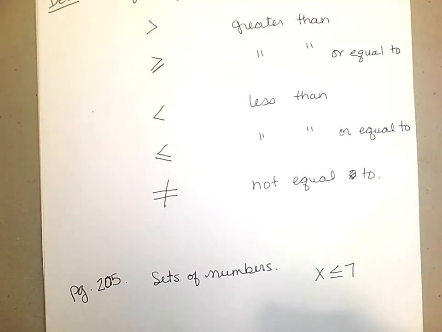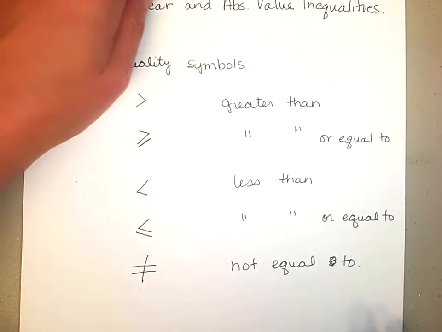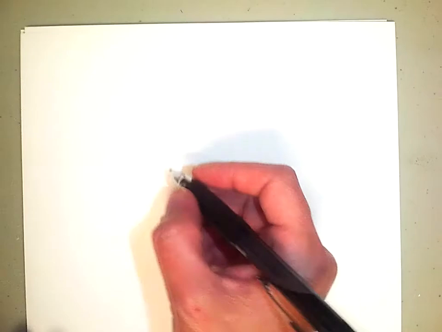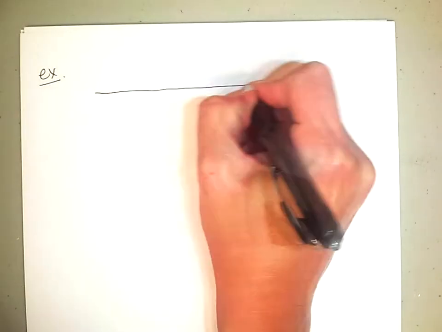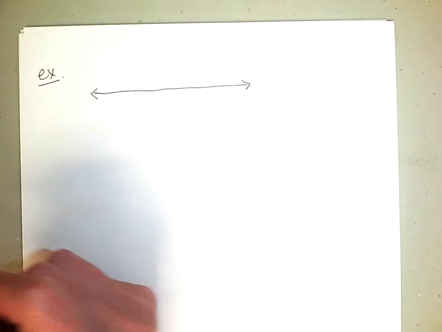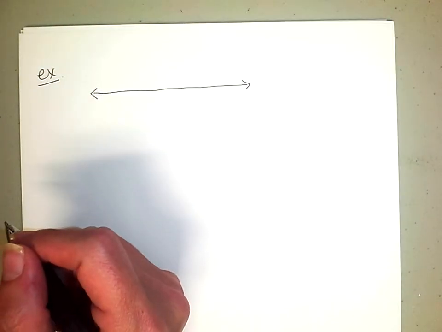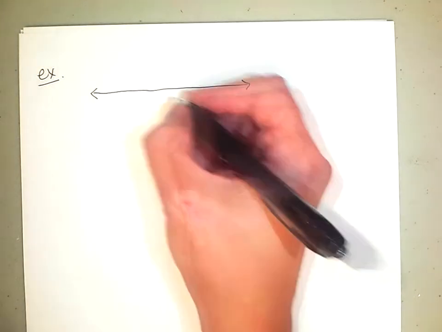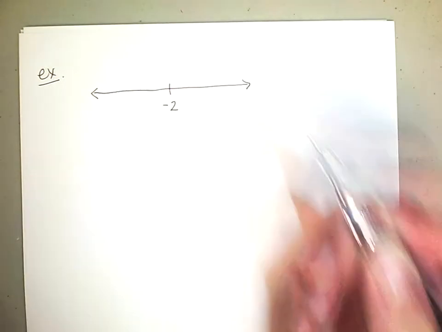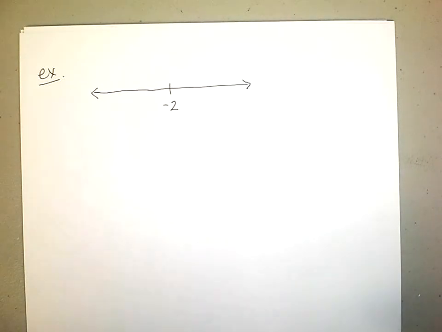So let's just start with some basic sets of numbers. Here's a number line, and I want to look at numbers that are greater than or equal to negative 2. Okay, so negative 2 is our starting point, and so we put that on the number line.